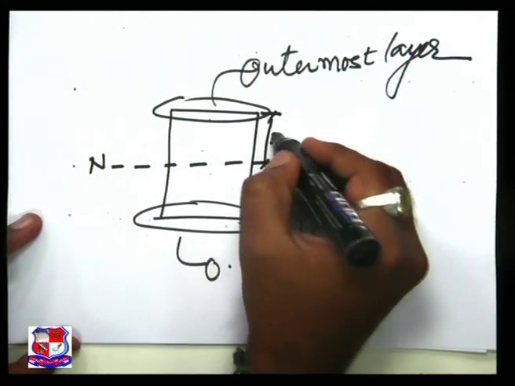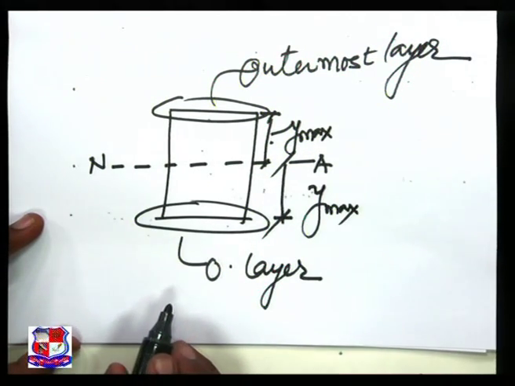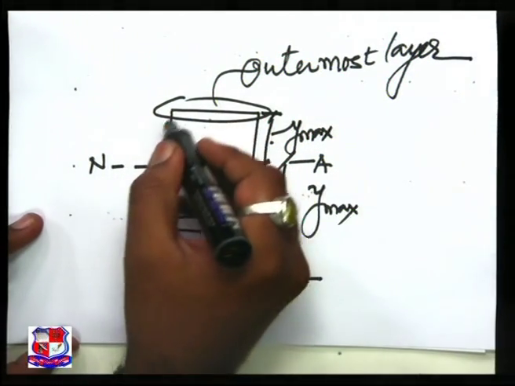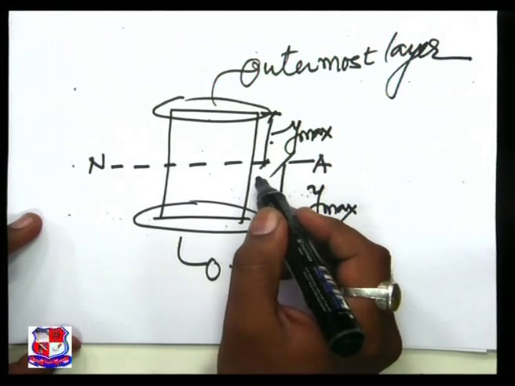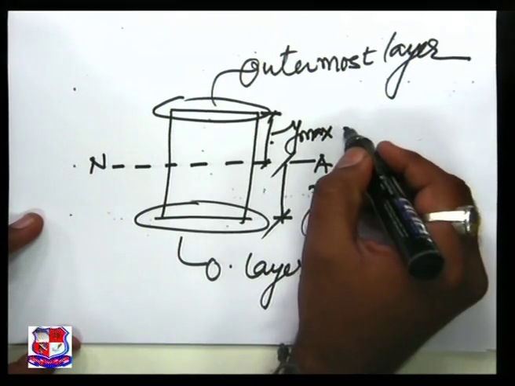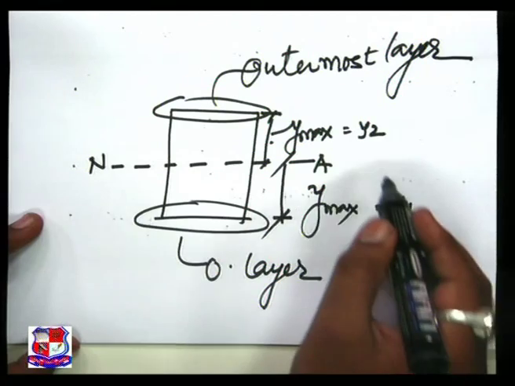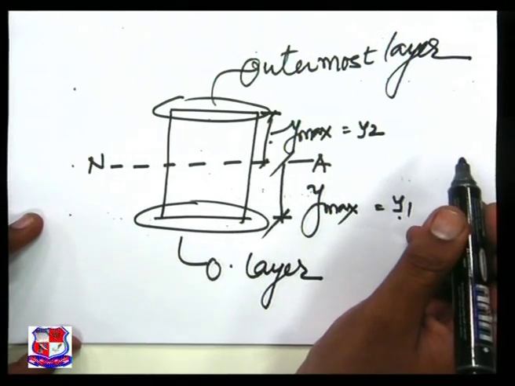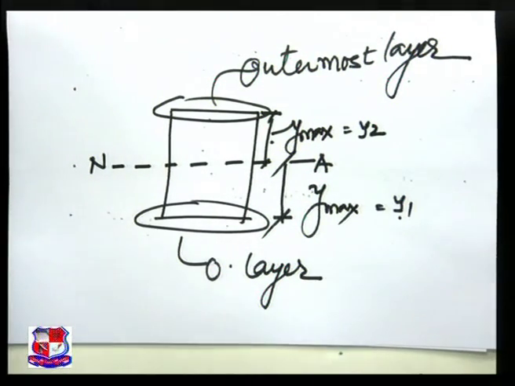In other words, if the given section is not symmetrical, then this is y1, this is y2, and among y1 and y2 the maximum value is our y max. I wish you have understood the concept of y max.